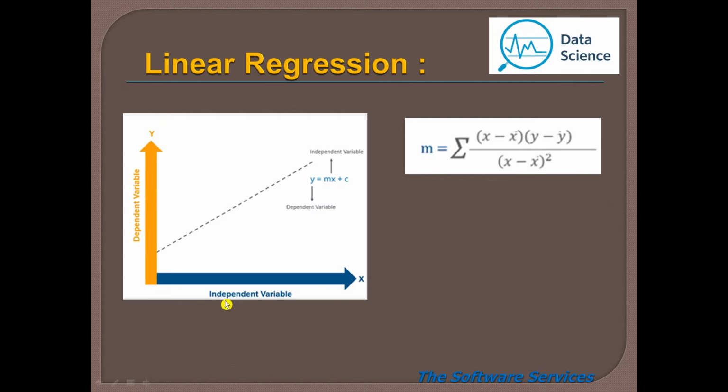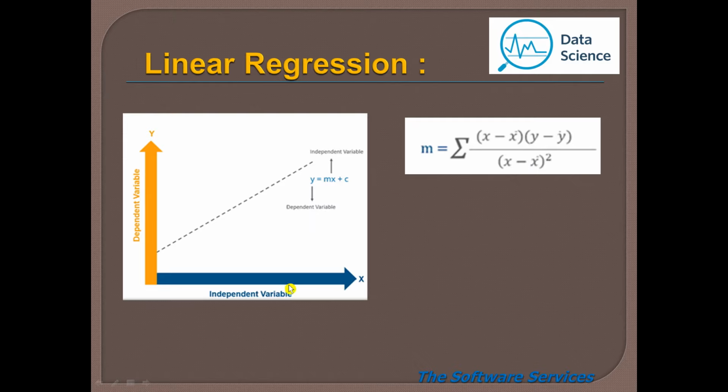Another name for independent variables is predictor variables. If you remember the last class, we named it PV, that is predictor variables, on the x-axis. It may be one variable or a number of variables.